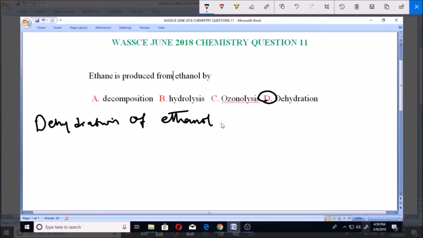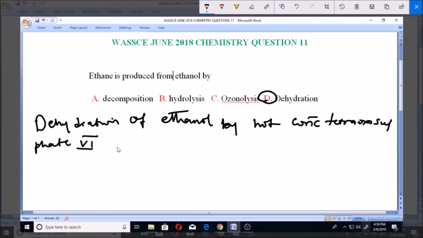That's what gives ethane, and this is done using hot concentrated tetraoxosulfate 6 acid. So when you dehydrate ethanol with hot concentrated tetraoxosulfate 6 acid, you will get ethane.